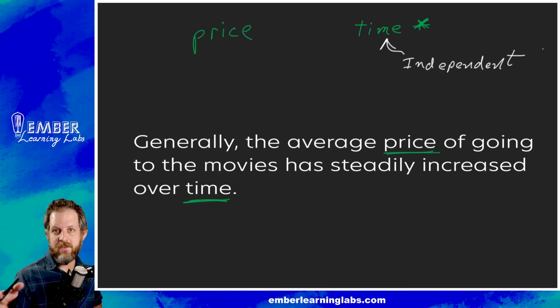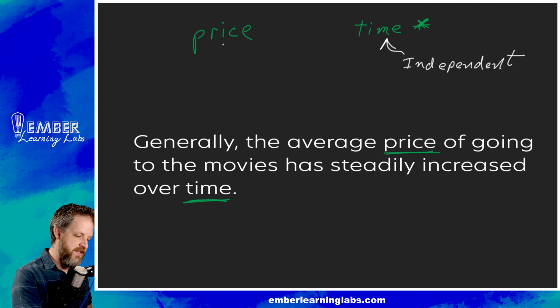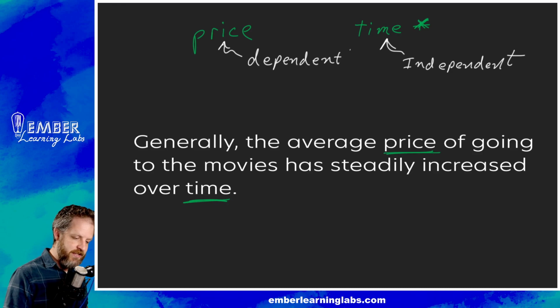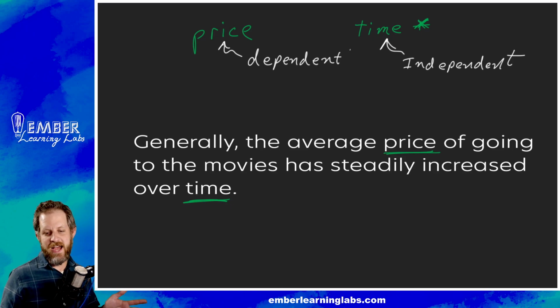Time just happens. Anytime it's one of the unknowns, it's independent, which means price is dependent. In this problem, it makes sense even if you think about it our normal way, because the average price depends on how much time has passed. So either way, price is dependent, time is independent.